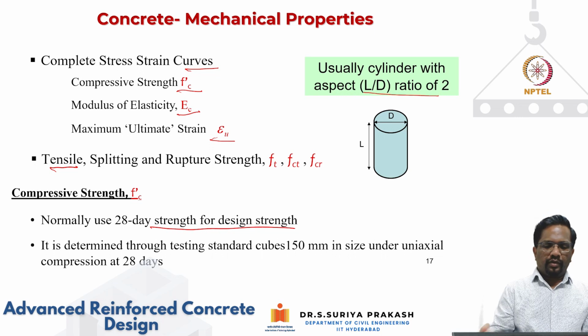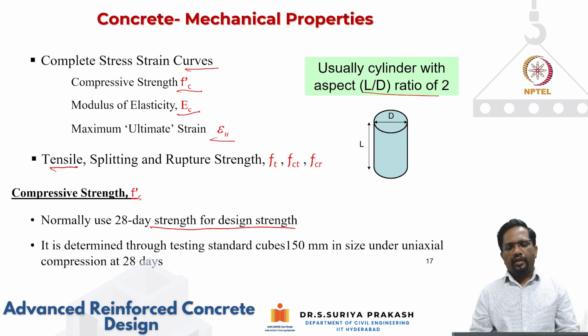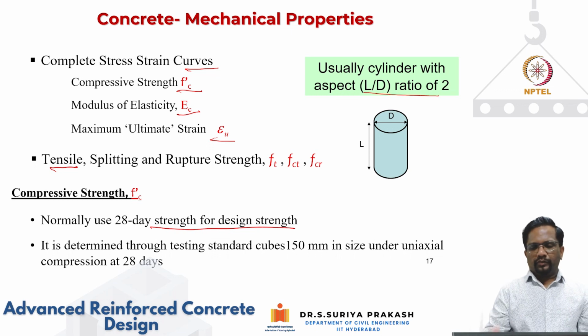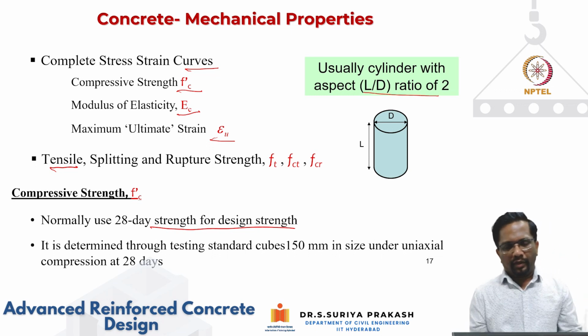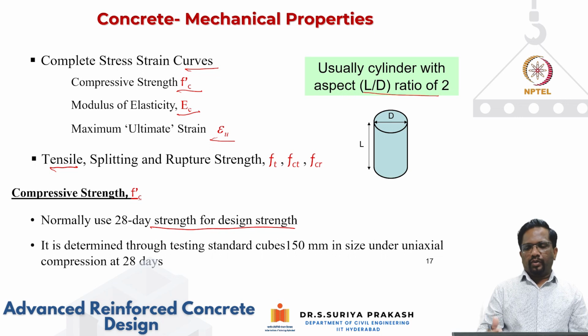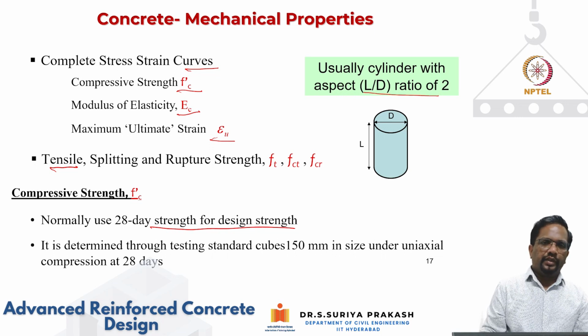In India, the standard is actually to test cubes of 150 mm size under uniaxial compression, because it's easy to cast and test a cube. That is why our code has adopted cubes for testing and finding compressive strength. But if you look at the American code, it suggests testing a cylinder to get the actual stress-strain curve.